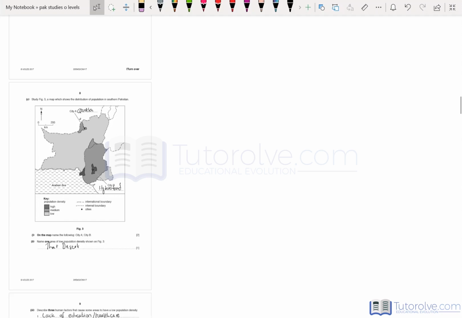Now the C part shows a map in which the first option you have to highlight is the cities which are being marked. So the cities are Hyderabad in Sindh and Quetta in Balochistan. It shows the general population map of the south in Pakistan. Now name one area of low population density shown on figure 3.